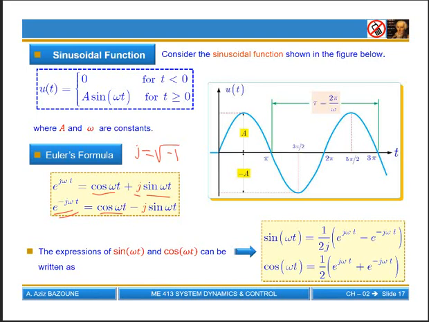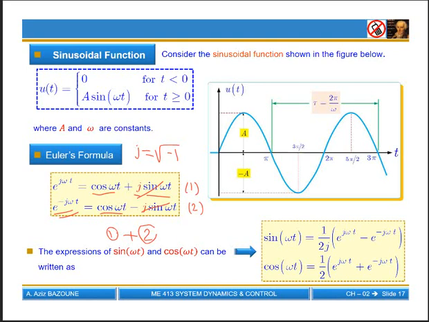Now, Shabab, if we add these together, this is equation 1, and this is equation 2. If we add 1 plus 2, as you can see, this and this will cancel. So we have 2 cosine omega t equal to e to the power j omega t plus e to the power minus j omega t.